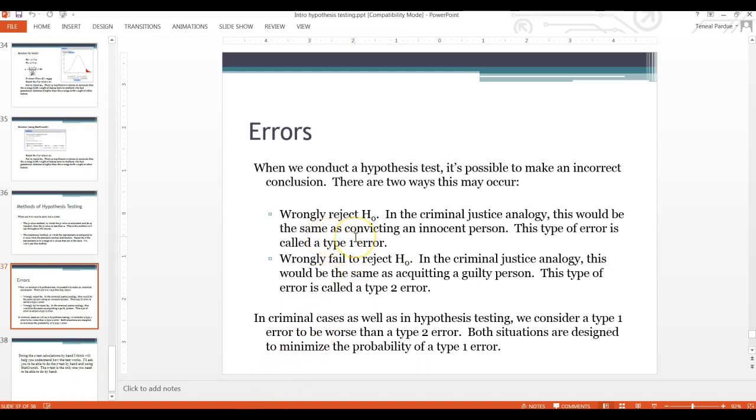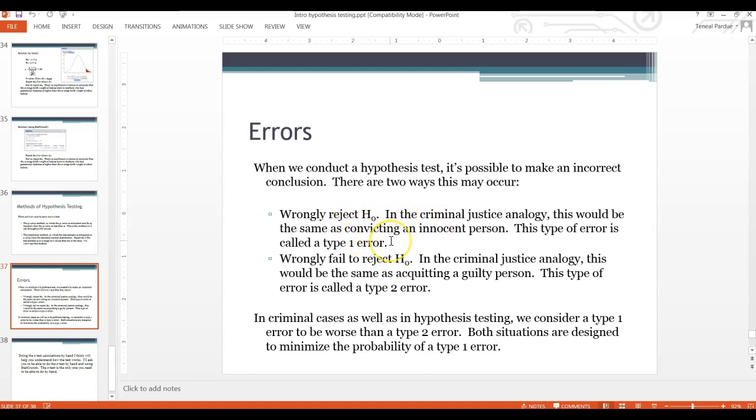And actually, another way to think about a p-value is that it's the probability of making a type 1 error. So it would be the probability that, if you reject H0, that would be a mistake. So that's actually what you're looking for.